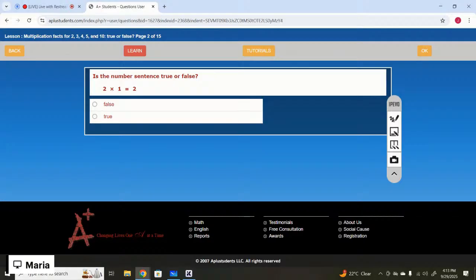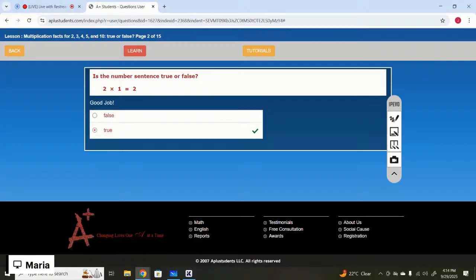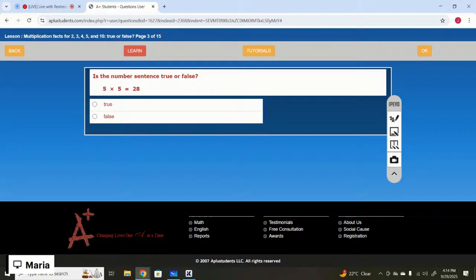Is the number sentence true or false? 2 times 1 is 2. True it is. Option number 2 is the correct option. Is the number sentence true or false?